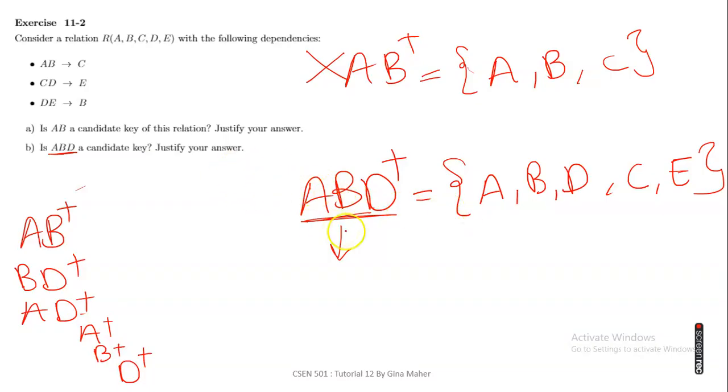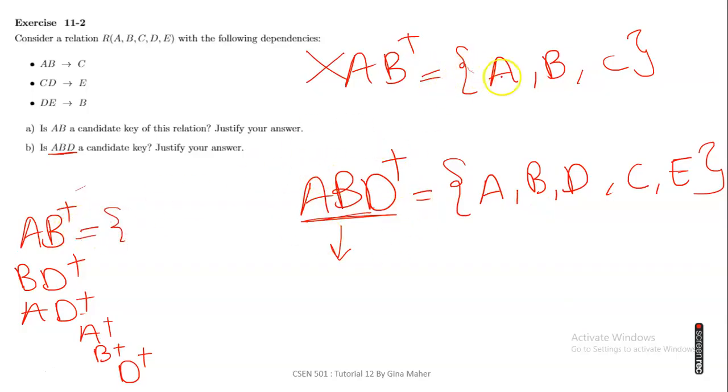We checked here that this can uniquely identify the relation, but we should make sure that no subset of this key can uniquely identify this relation, because in this case this will not be a candidate key.